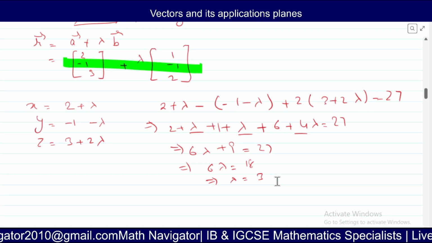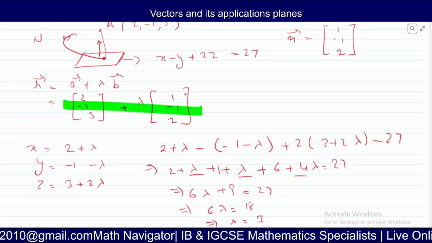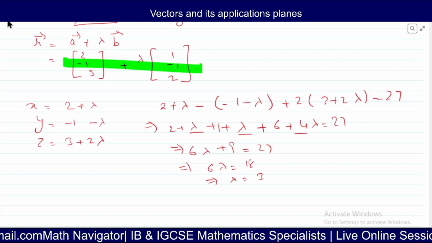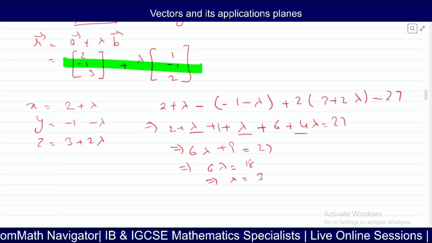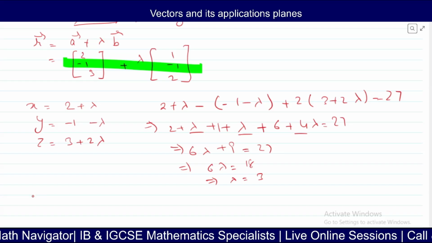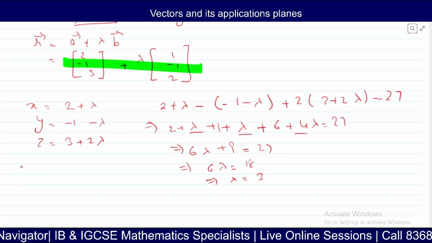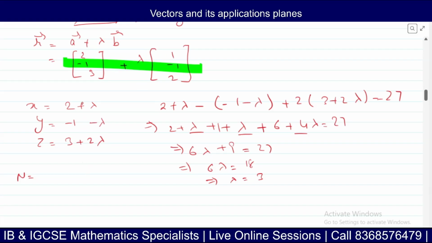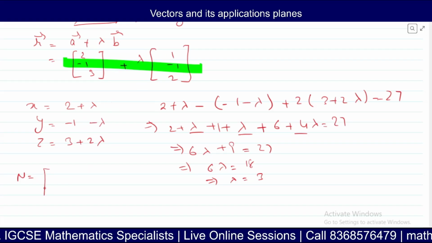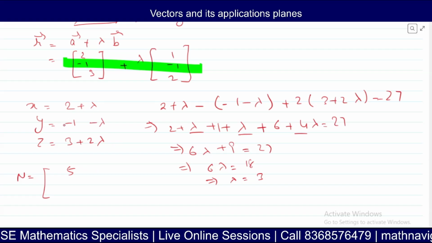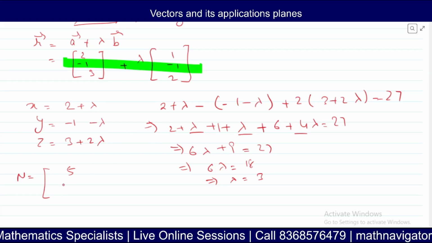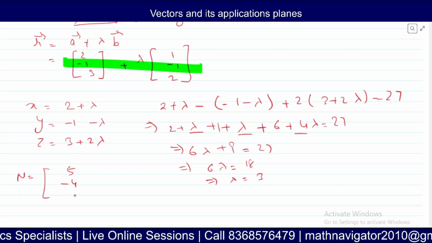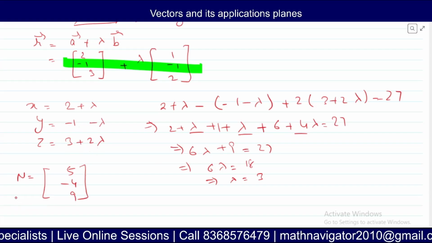That means if I substitute 3 in this, I will get N. So N is equal to 2 plus 3, which is 5; -1 minus 3, which is -4; and 3 plus 6, which is 9. So this is my N.